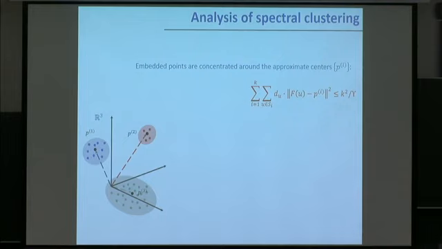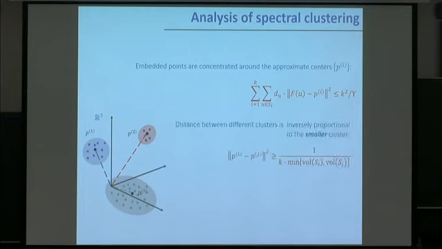This shows that once we have a large value of epsilon, all the embedded points are more concentrated around their center. Secondly, if you look at the distance between different clusters, this distance is inversely proportional to the volume of the smaller cluster.